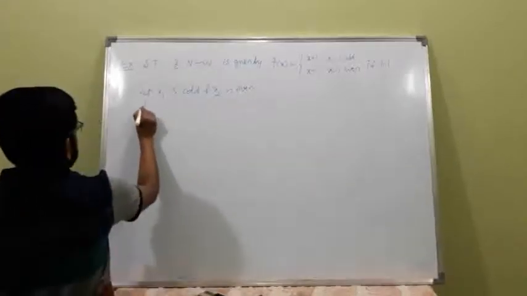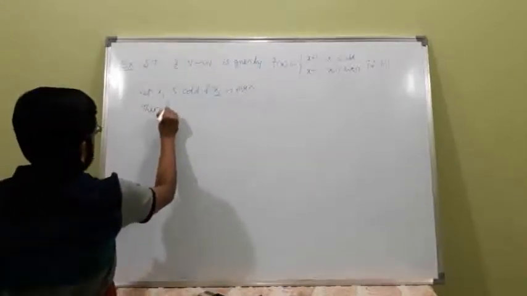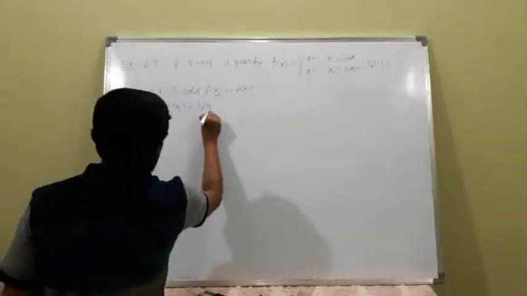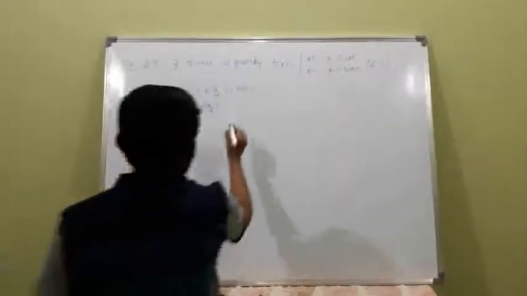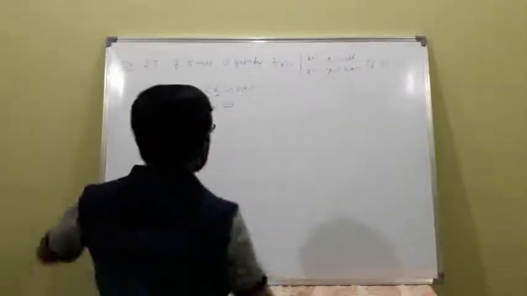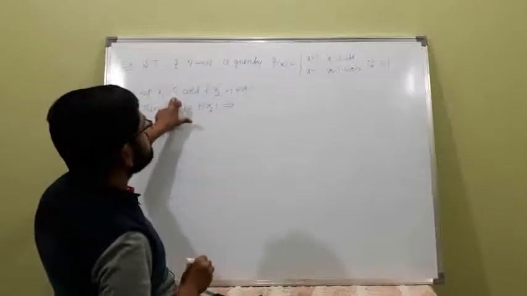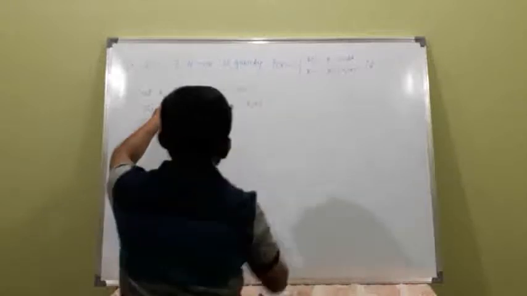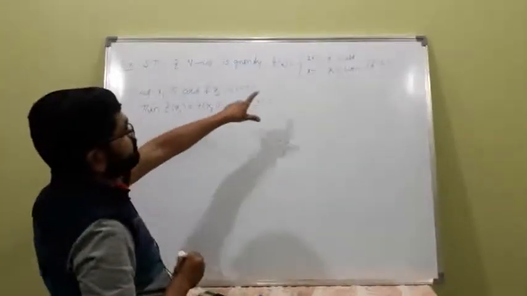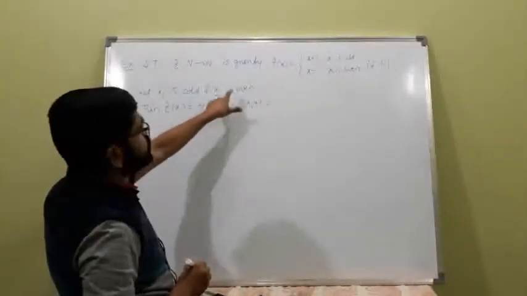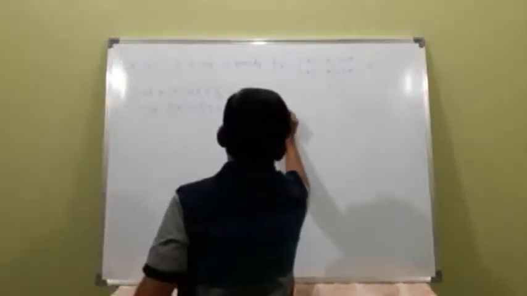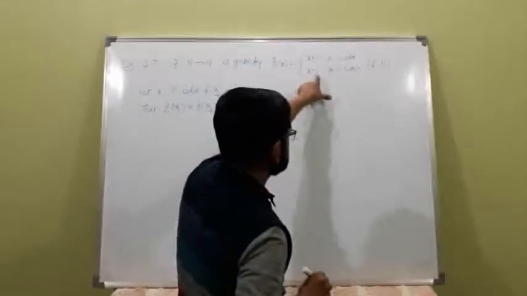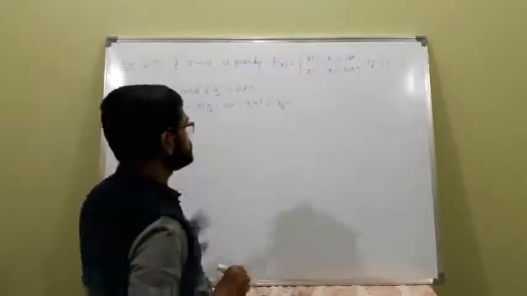Then f(x1) is equal to f(x2) implies, when x1 is odd, x1 plus 1 is equal to, when x2 is even, x2 minus 1.